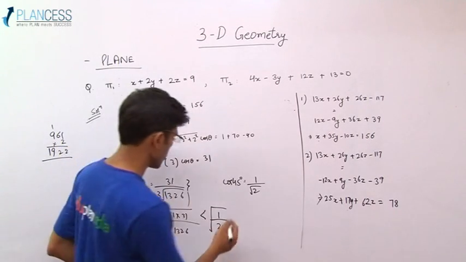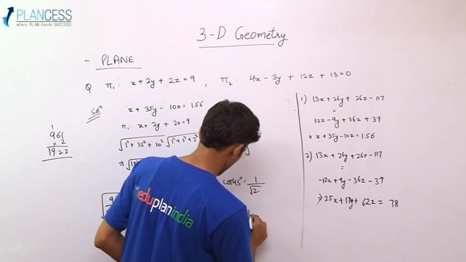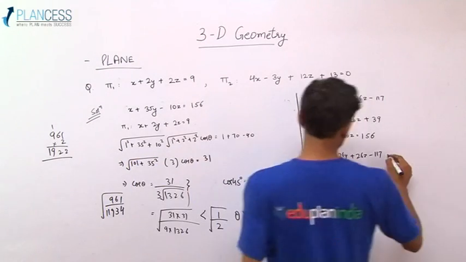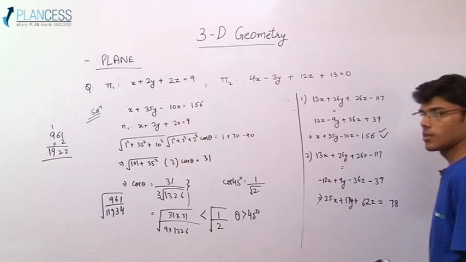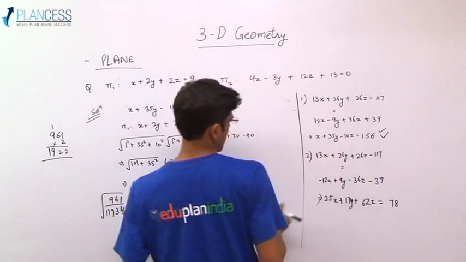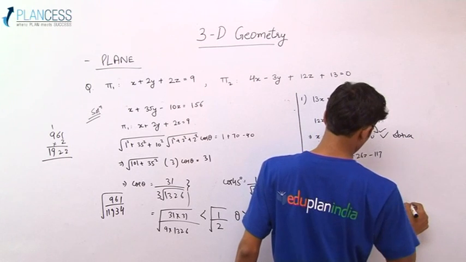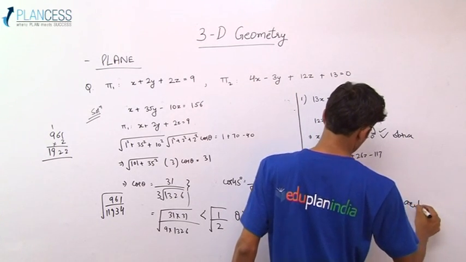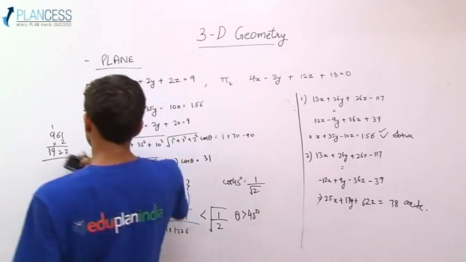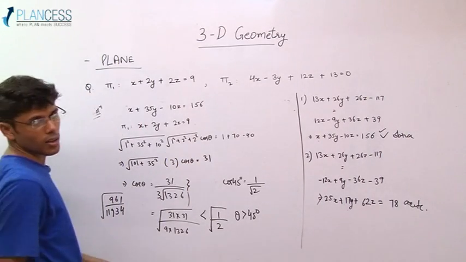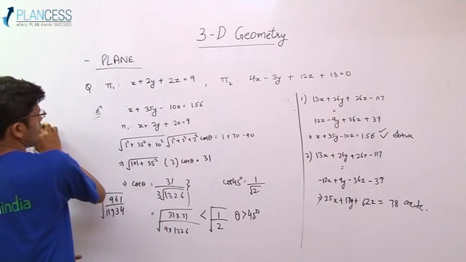So theta is greater than 45 degrees. So this plane is actually the obtuse angle bisector, and the other is the acute angle bisector. So this is the way to find whether the plane is an acute angle bisector or obtuse angle bisector.